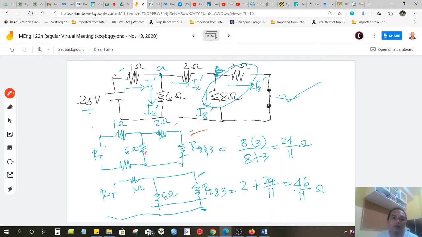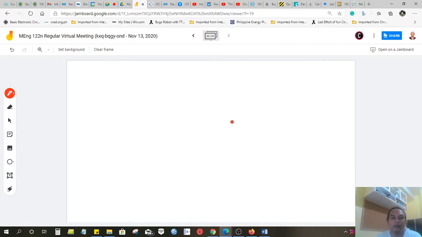So ato na i-redraw ha ang circuit: 1 ohm, 6 ohm, 2 ohm, and R 8 and 3, with 25 volts. Okay? So this is 1 ohm, 2 ohm.